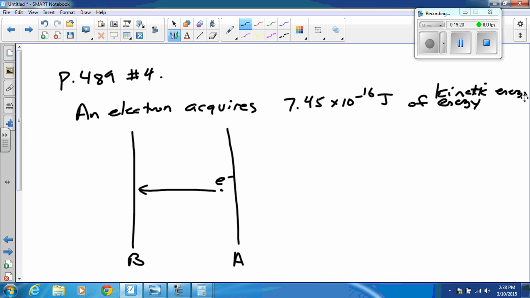As a result, it gains the specified amount of kinetic energy. They want to know, what is the voltage difference between the plates? We'll call that delta V between the plates.